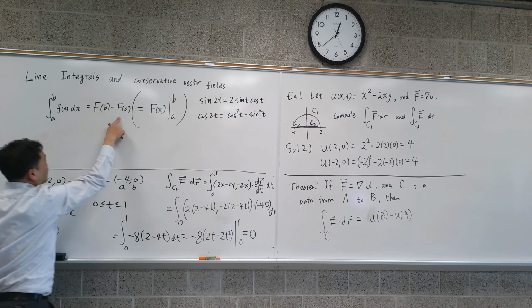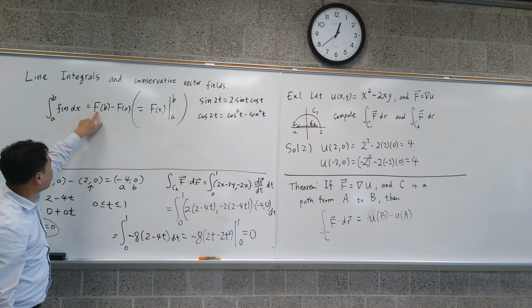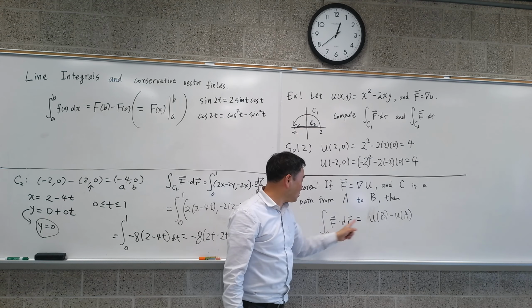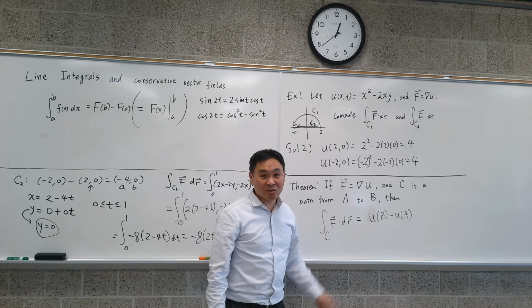Explicitly, that's what that means, right? And here, the derivative of F is the small f. Here, the gradient of U is this vector field. So it's like a fundamental theorem of calculus.